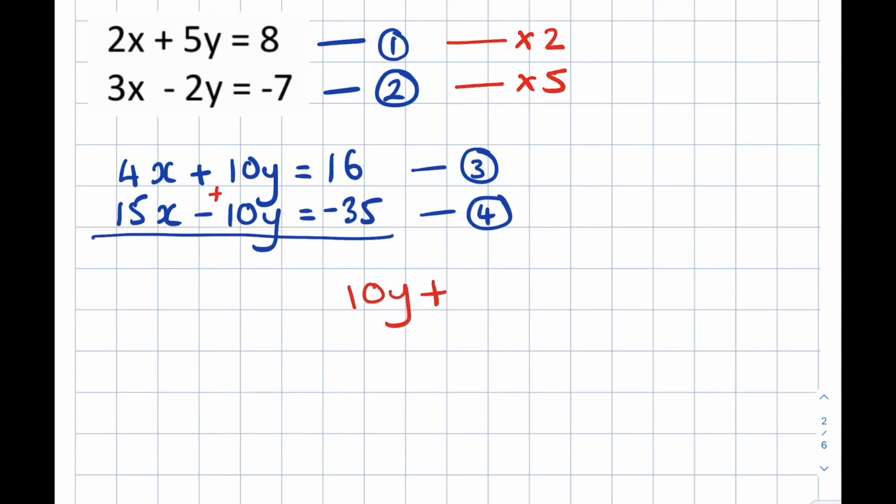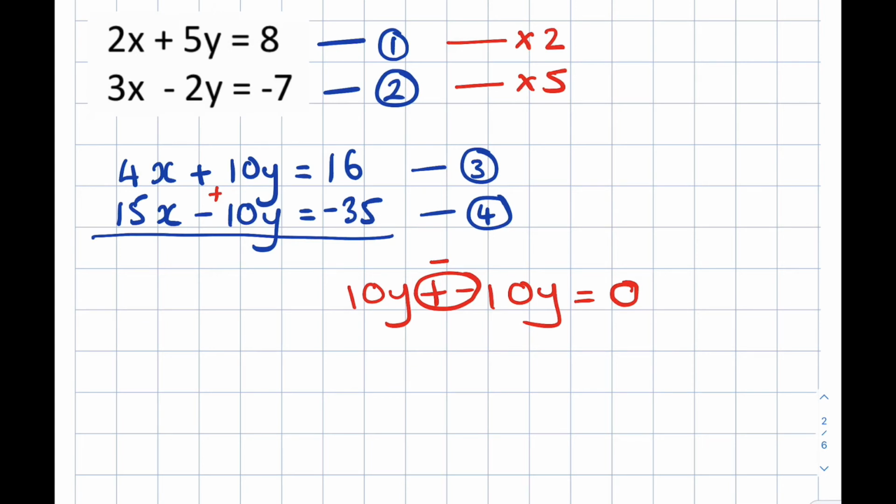If I add to it a negative 10y, the plus and a minus becomes a minus. 10y take away 10y will result in a 0, which is what we want, because this is a process of elimination. We've eliminated the y's, then we can begin to solve for x.